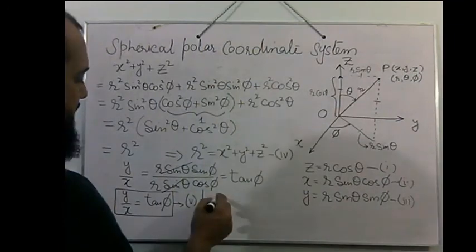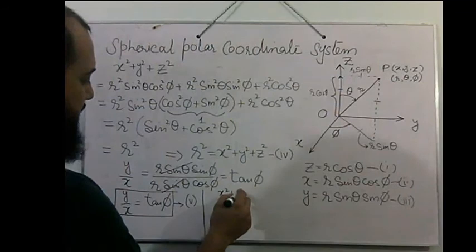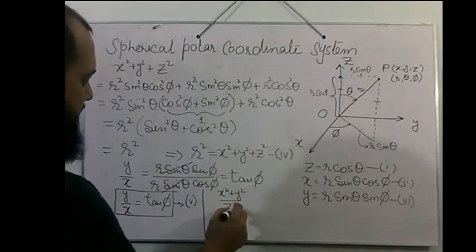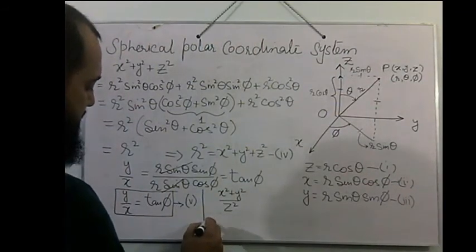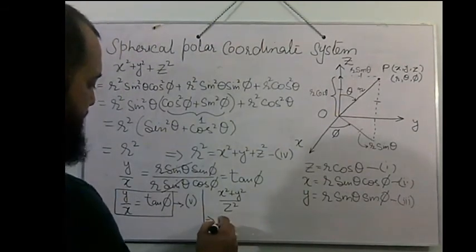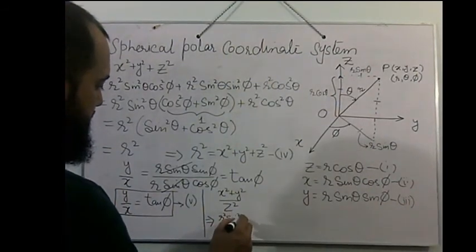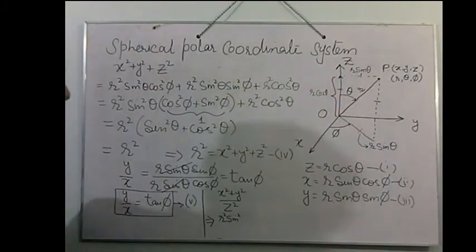Now if we find x square plus y square upon z square, why don't we write it on the new board?